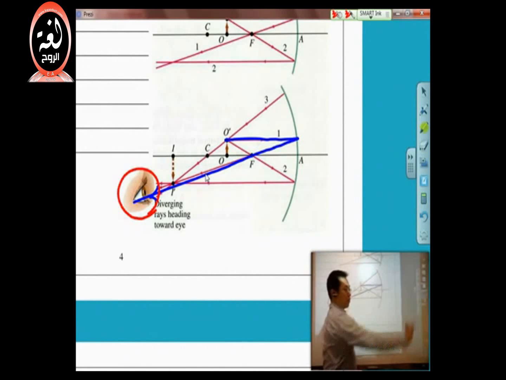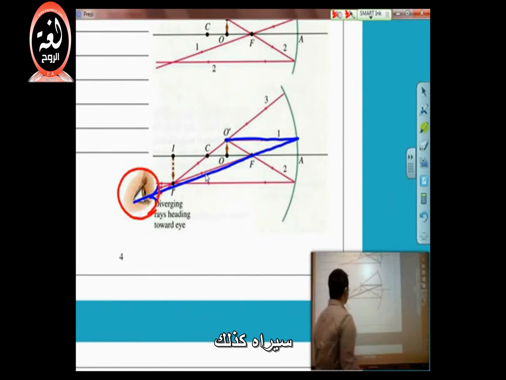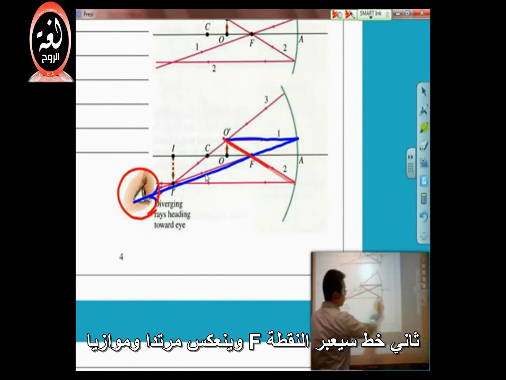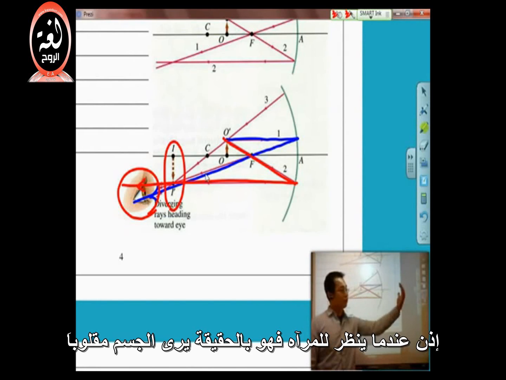Okay, so if there's a mirror over here and he's looking at a pen in front of the mirror, this is how he would see it. The second line goes through F, then reflects back parallel. And where the lines actually meet, that's where the image is perceived. So if he were looking at the mirror, he would actually see the object to be upside down.